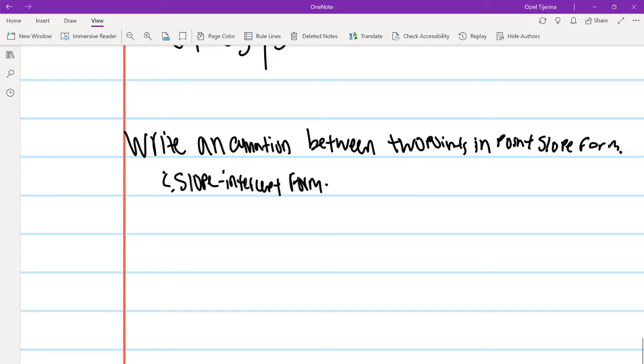There's also point slope form, which says that y minus y1 equals m times x minus x1.